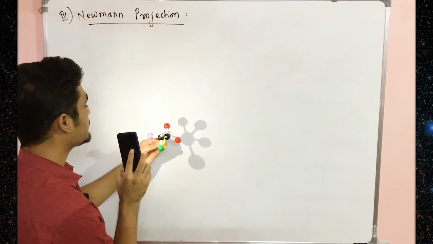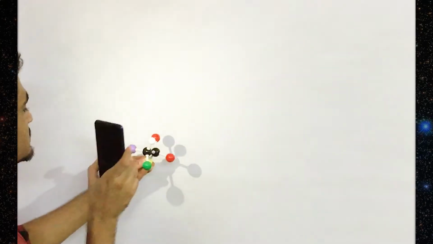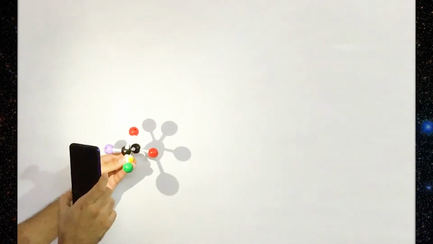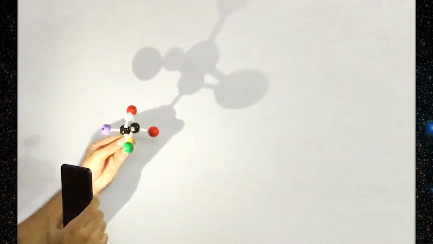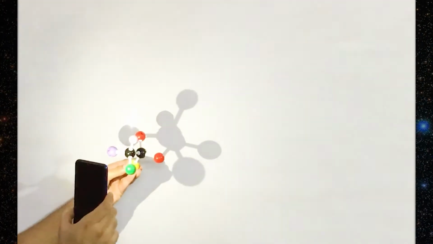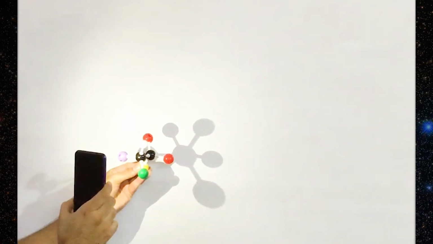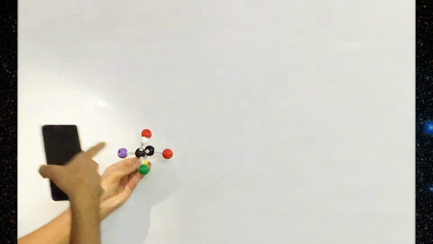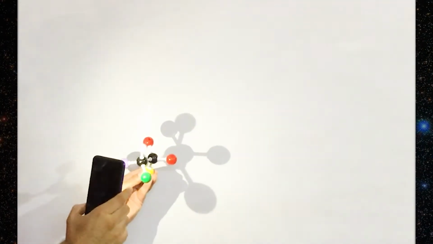Look here, I'm looking at this carbon, which is what this phone light shows you. If I'm looking from this angle, I get this kind of projection. So this whole 3D molecule is again projected, but now it looks a little different. When you look from this angle, right in front of that carbon-carbon bond, that is called Newman projection.